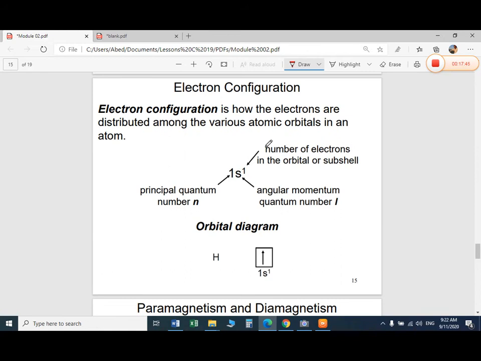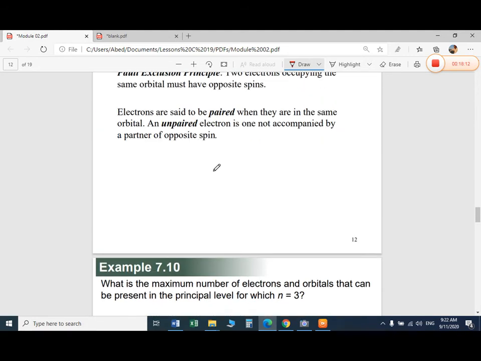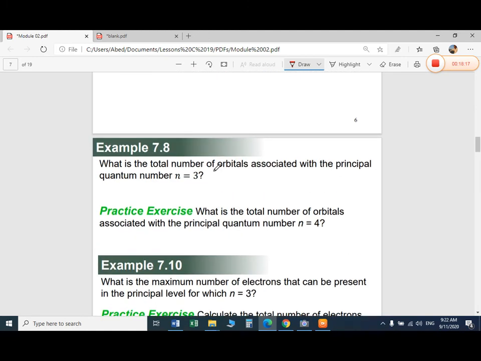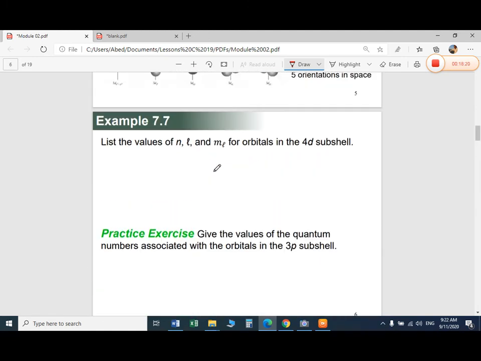This one represents the n, the principal quantum number, and this s represents the angular quantum number, that is L. And the number of electrons here, we will learn in the other lesson, not now. In this orbital there is only one electron, 1s1. Writing this electronic configuration we will learn in the next lesson, but this question is asked through this electronic configuration. So I just show you briefly that this is the electronic configuration. You will learn completely, don't worry.